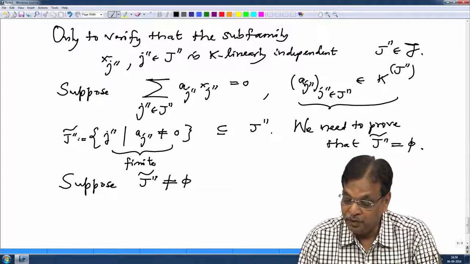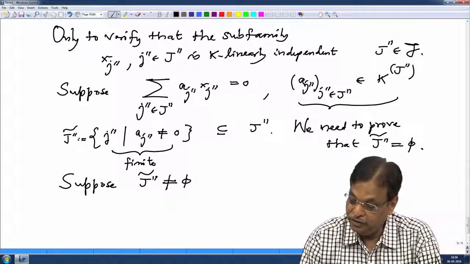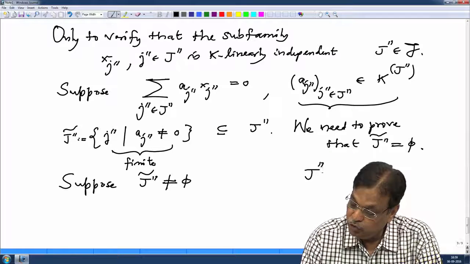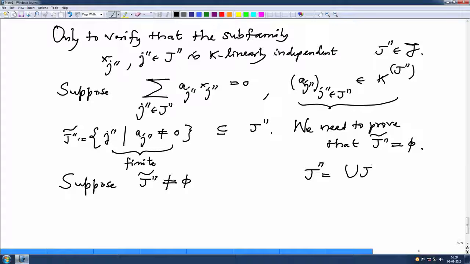Now I want to use the fact that J double prime is the union of J prime, where J prime is varying in C, and I want to use the fact that C is a chain.